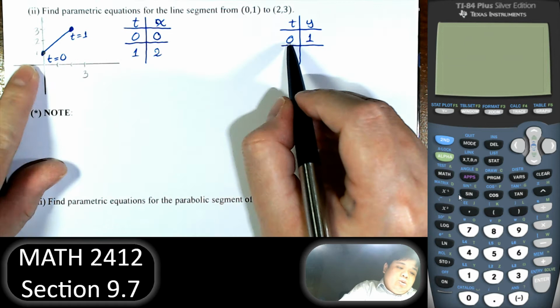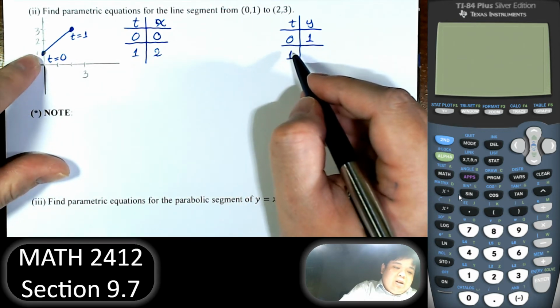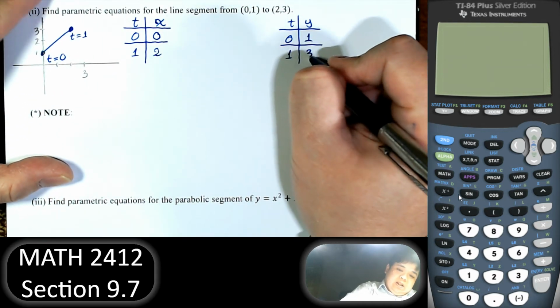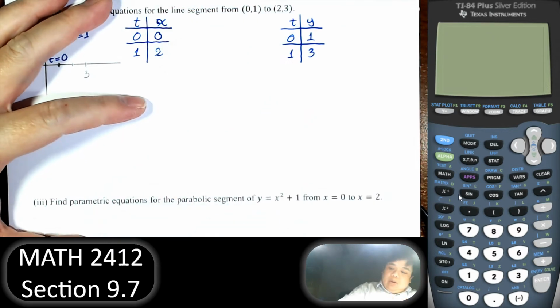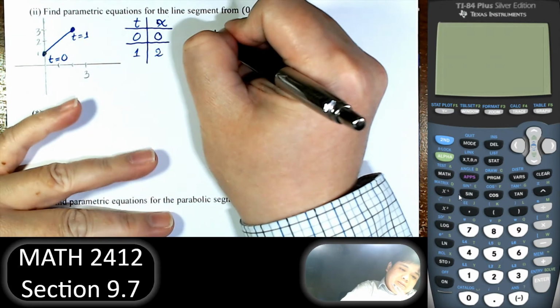Next, t equal to 0, y is 1, t equal to 1, y is 3. Alright, so we have that. This is just a straight line, so we can just write the equation as y equal to mx plus b in general.